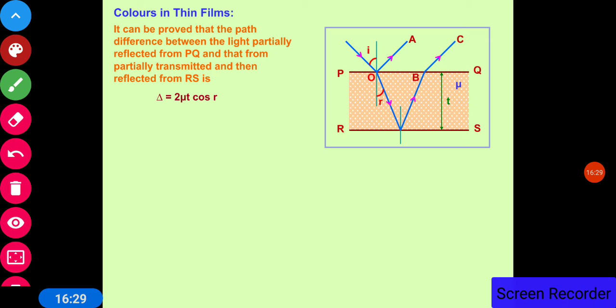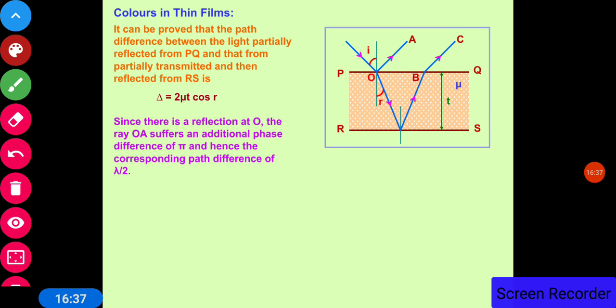We can just simply discuss the formula that the path difference between these two is equal to 2 mu t cos r. Since there is a reflection at point O, the ray OA suffers an additional phase difference of pi, and hence the corresponding path difference will be lambda by 2.